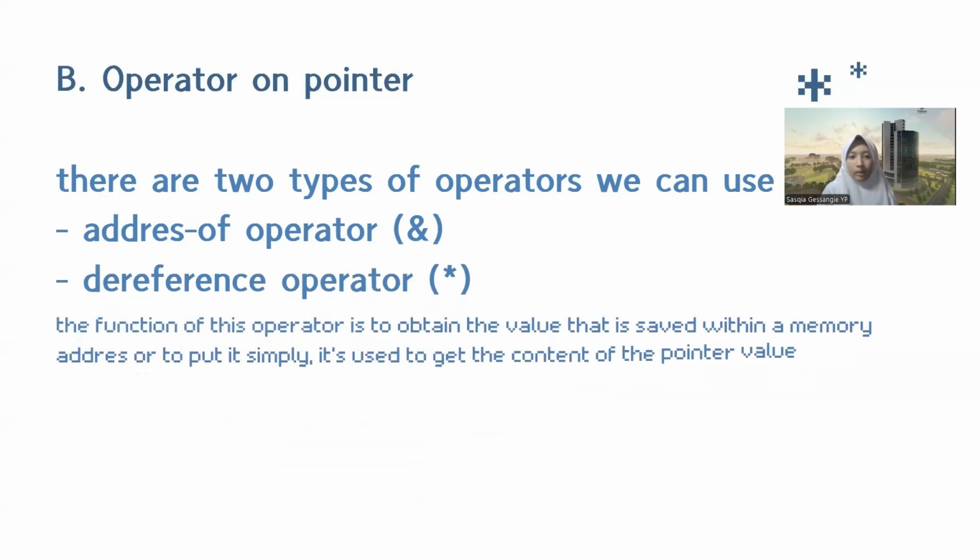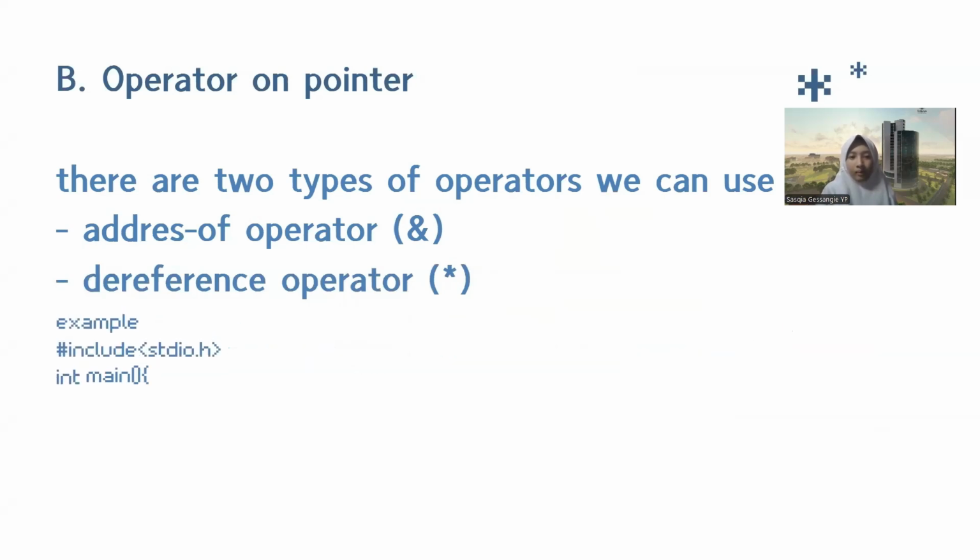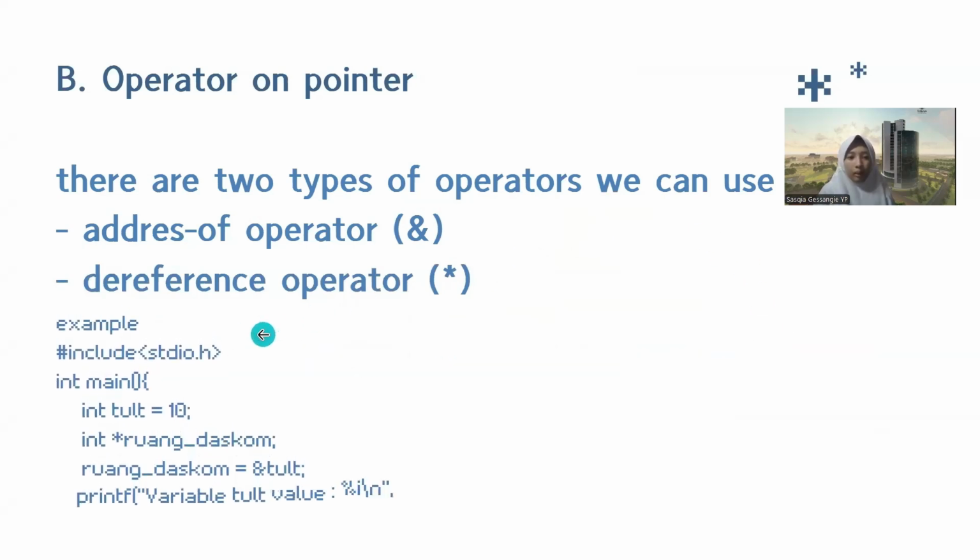Next is the reference operator. The function of this operator is to obtain the value that is saved within a memory address, or to put it simply, it's used to get the content of the pointer value. And here's the example of the program. As you can see, it's similar to the program I talked about in the address operator.